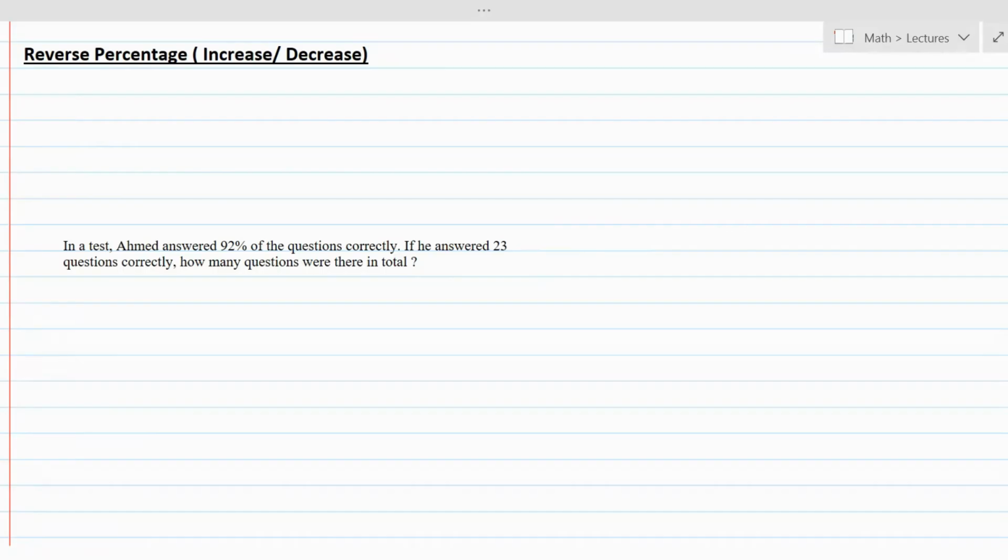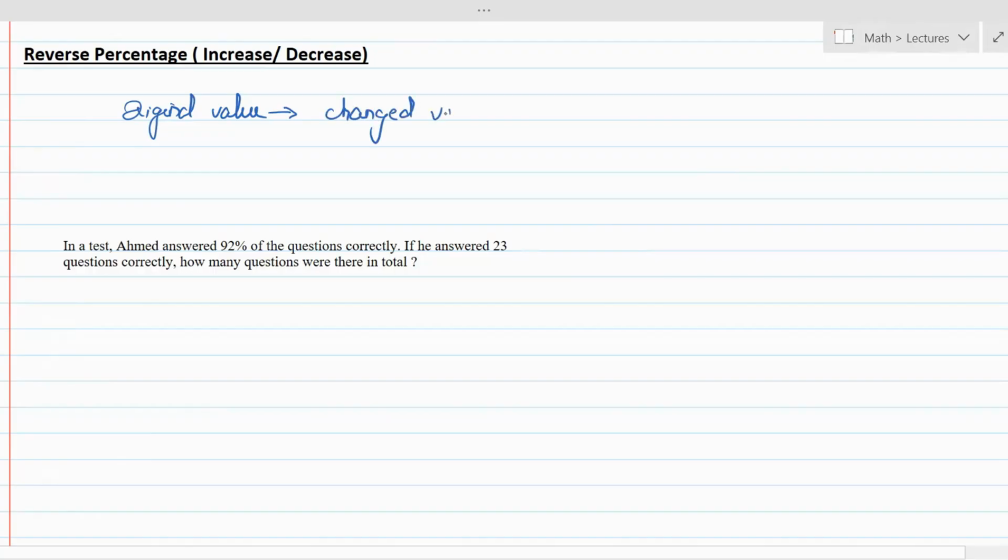Unlike the concept of simple increase and decrease, where the original value was given to you, and you were supposed to find the changed value, increased or decreased.